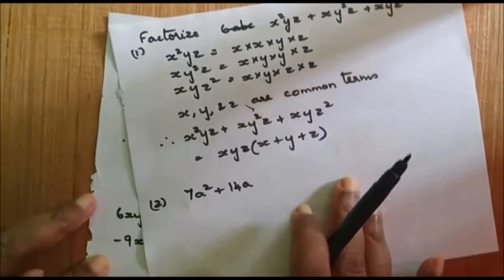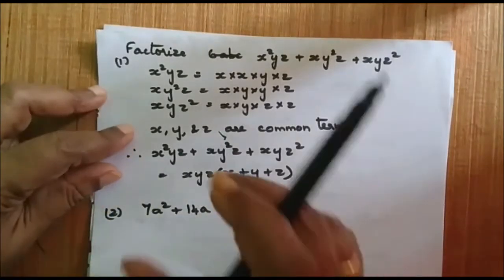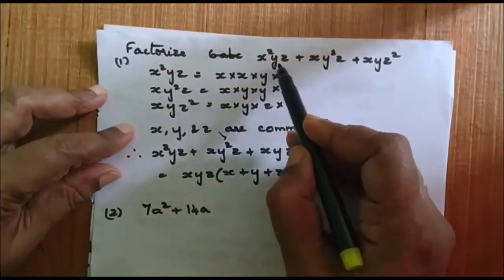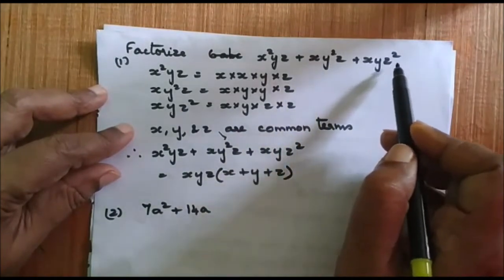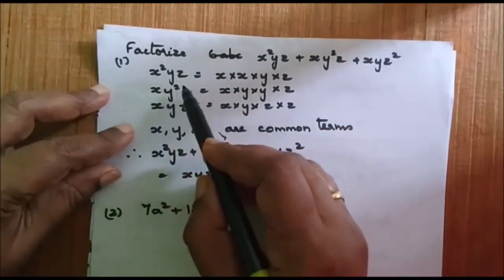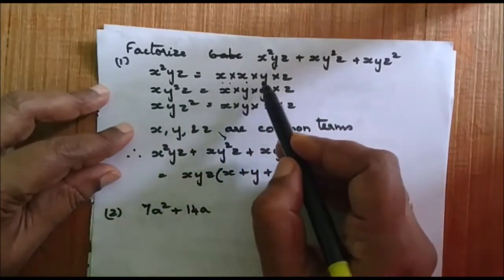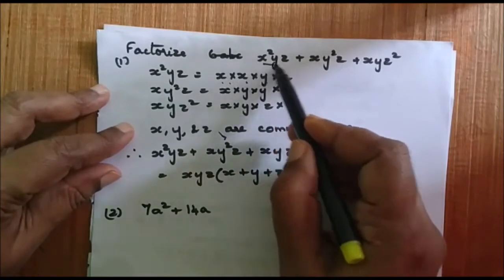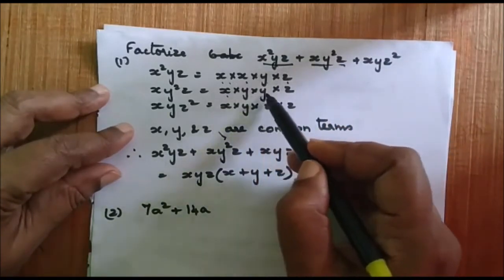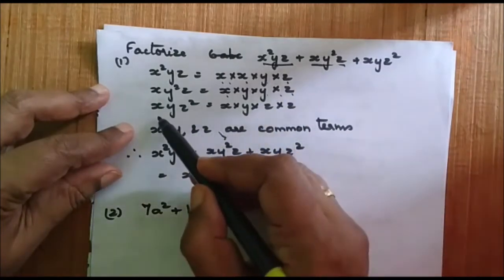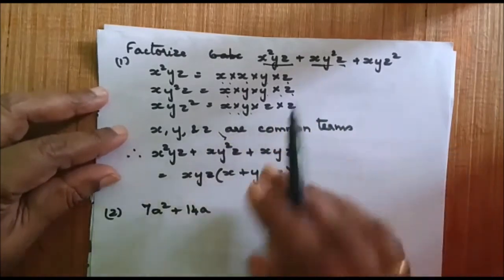Now similarly, using the same method, we are asked to factorize this expression: x squared yz plus x y squared z plus xy z squared. The first term can be written as x into x into y into z. The second term can be written as x into y into y into z. The third term can be written as x into y into z into z.